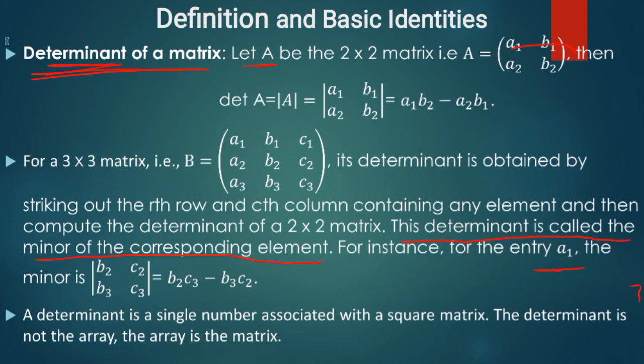So for instance, for A1, which is what you saw me do, just cover what entries are at A1, and what you are left with is the minor along A1. Now again, like I said earlier on, a determinant is a single number associated with a square matrix. So you must have a square matrix to be able to get a determinant. Okay, let's move forward because we're still building on finding the determinant of a 3 by 3.